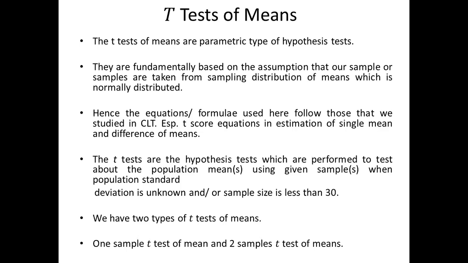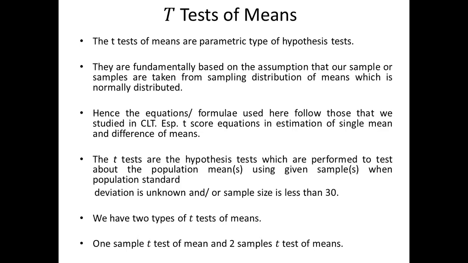The fundamental assumption which must be true to perform the one sample t-test of means and the two sample t-test of means is that our samples are taken from a sampling distribution of means which is normally distributed.